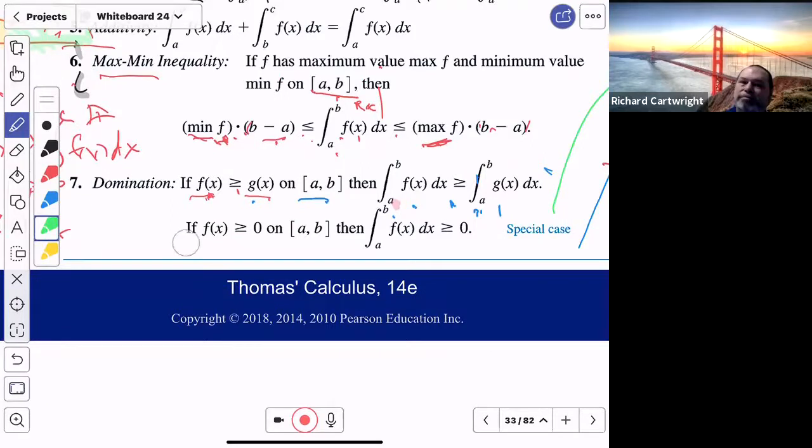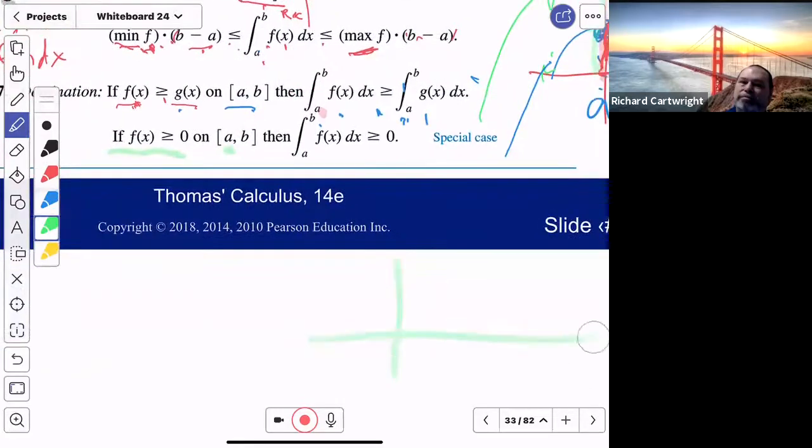If f of x is greater than 0 from a to b, it means that the function is always a positive number. It's above 0 from a to b. I don't know what happens later.